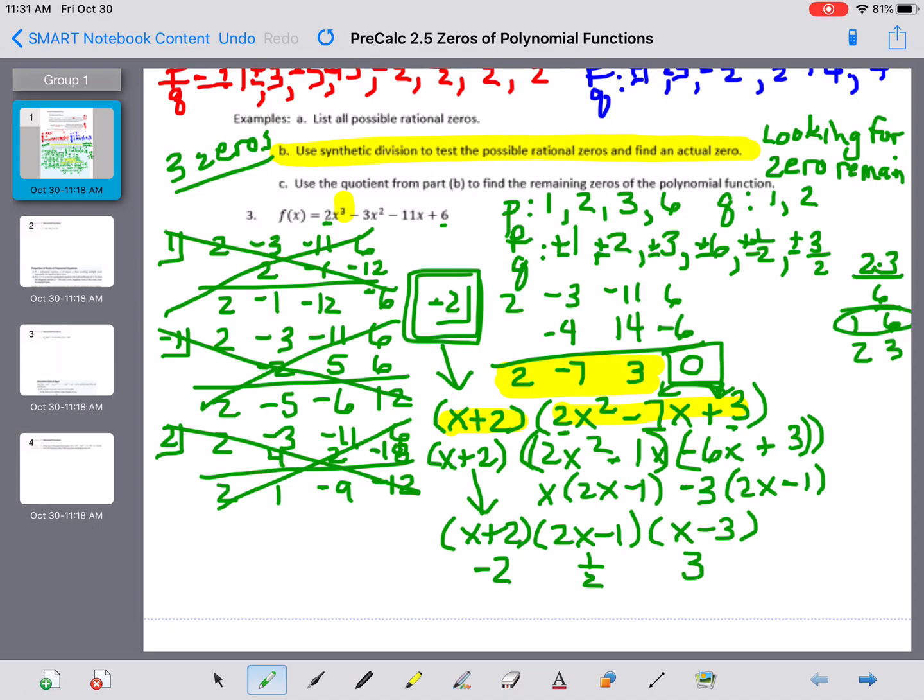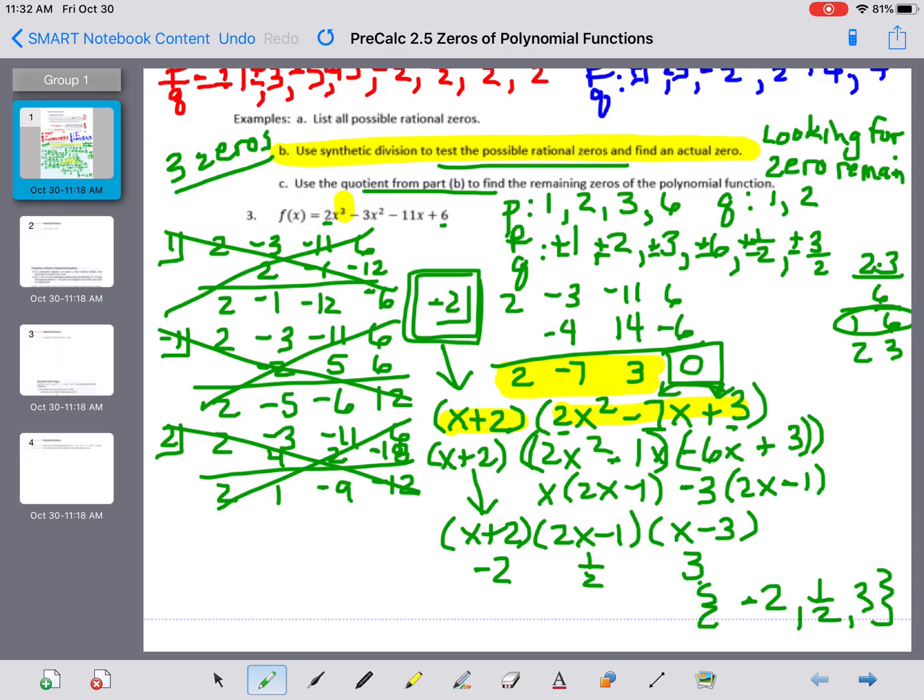So we use synthetic division to test the possible rational zeros and find an actual 0. Then we use that quotient from part B to find the remaining zeros. So we solved it doing that, okay? So if I put these in my set notation, I have negative 2, 1/2, and 3, okay?